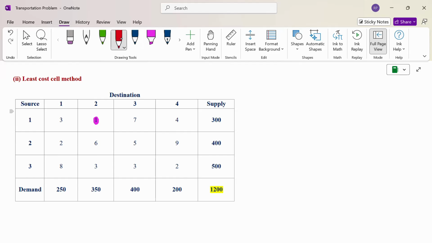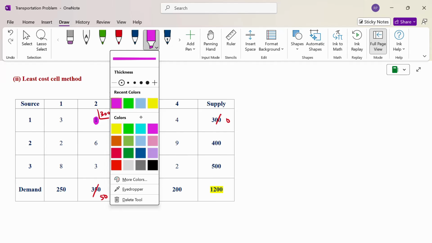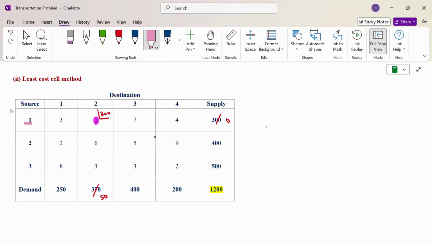Supply 300, demand 350, so allocate the minimum value, 300. The balance is 50 and 0. If 0, then delete the entire column or entire row. Now I am going to delete this entire row.